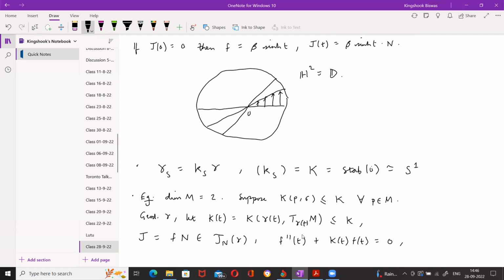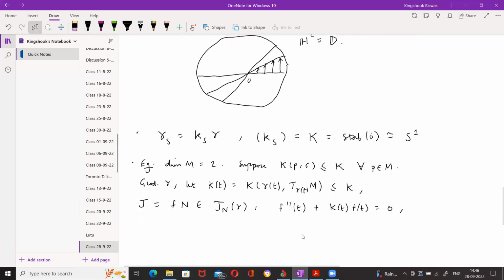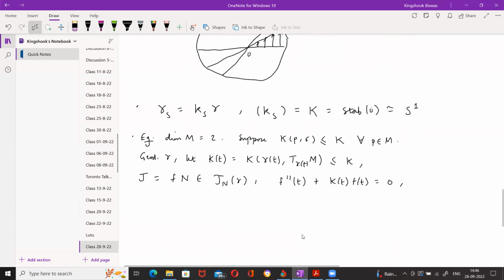Now, your classical theory of ODEs, these second order linear ODEs, will tell you that if k(t) is less than or equal to k, then what happens to solutions of this ODE? Can you say what solutions will look like? Let me call this ODE star.